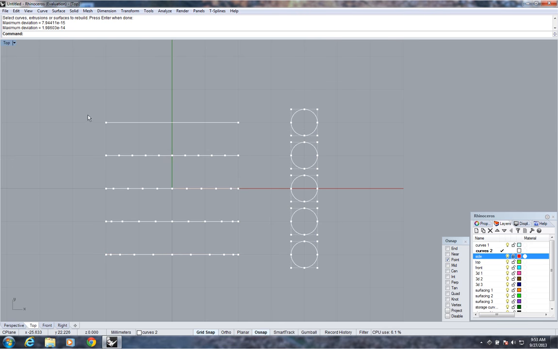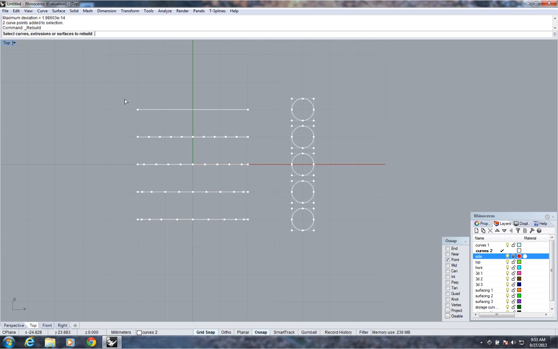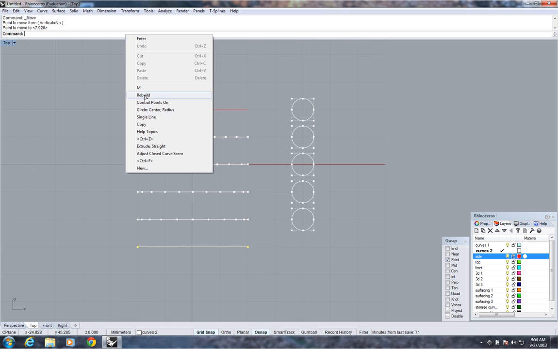And actually, I would like to have a 5th degree, so I'm going to borrow this curve, bring it down to here, and then rebuild it.